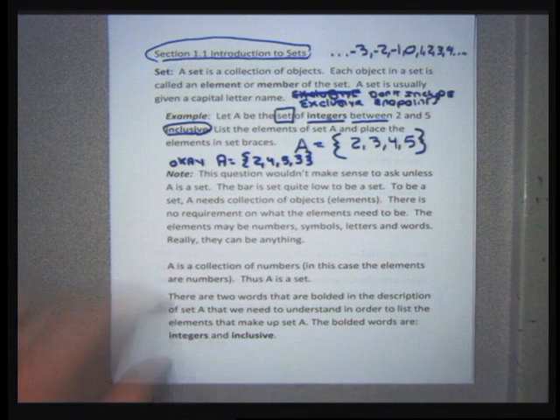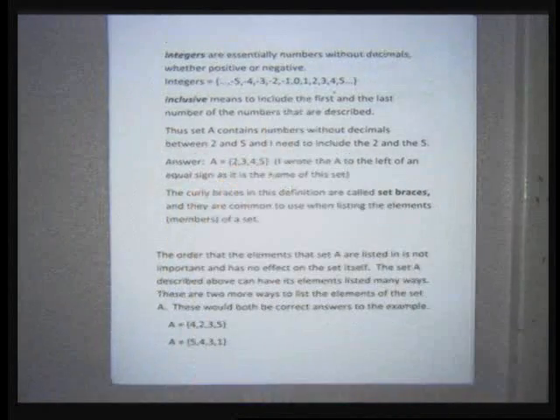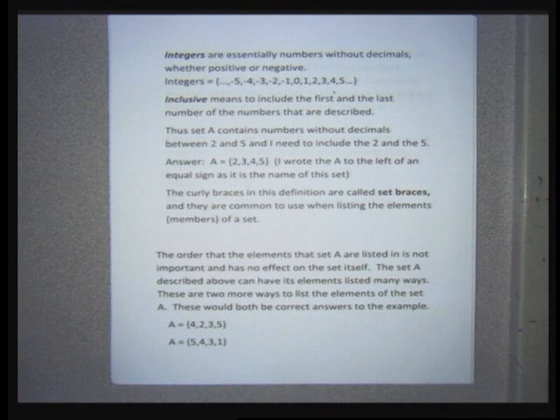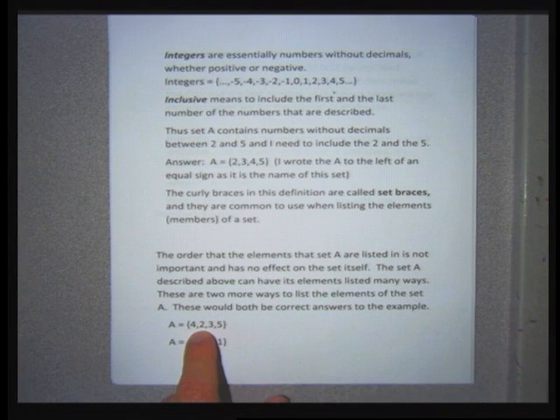And the rest of the stuff down here, I talked about integers and inclusive already. There's a better picture of what integers are, and there's a better picture of what exclusive is. Oh, and I even did the same sort of thing. So all of this is just a rehash of what I said as I did the last. Look at that, I even came up with the same odd ordering.